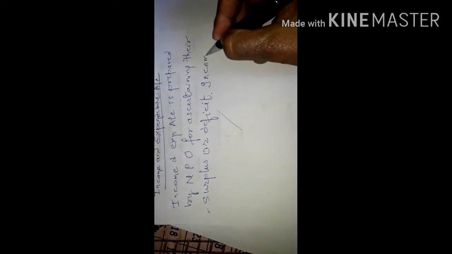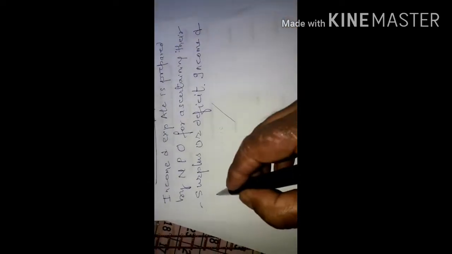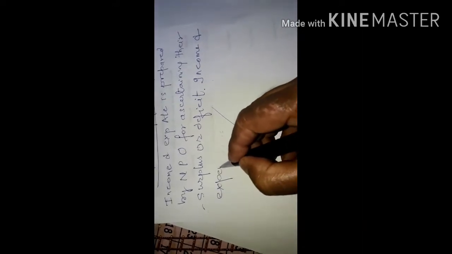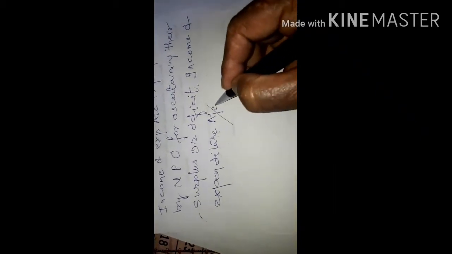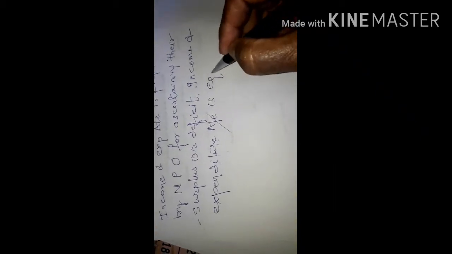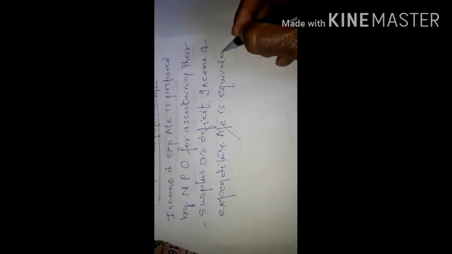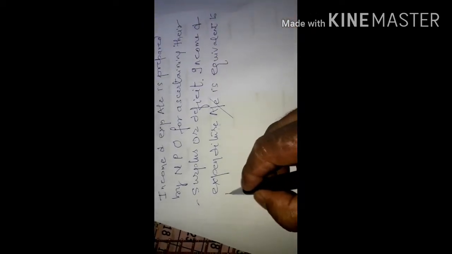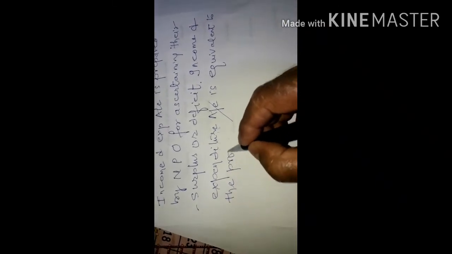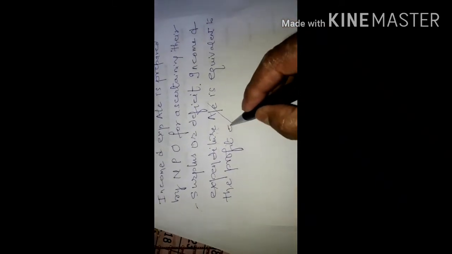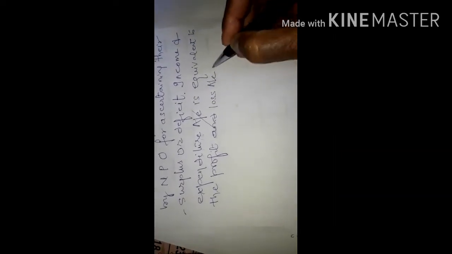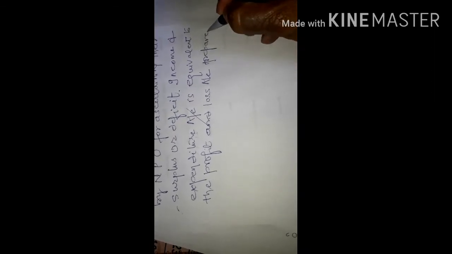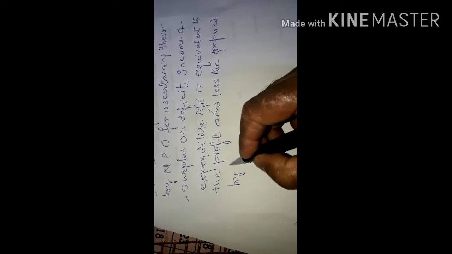So the income and expenditure account is equivalent to the profit and loss account prepared by the trading organizations.